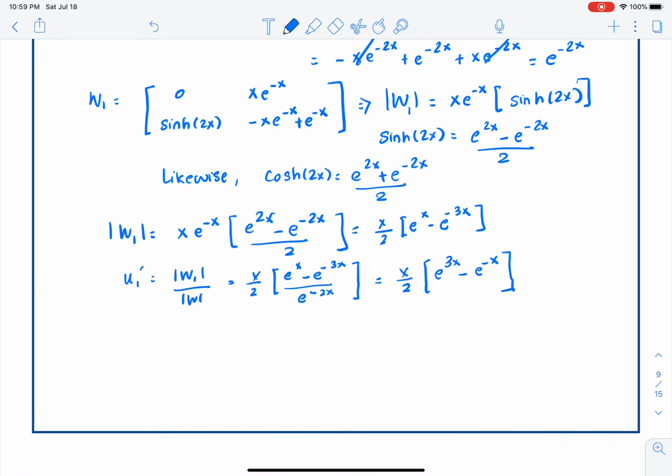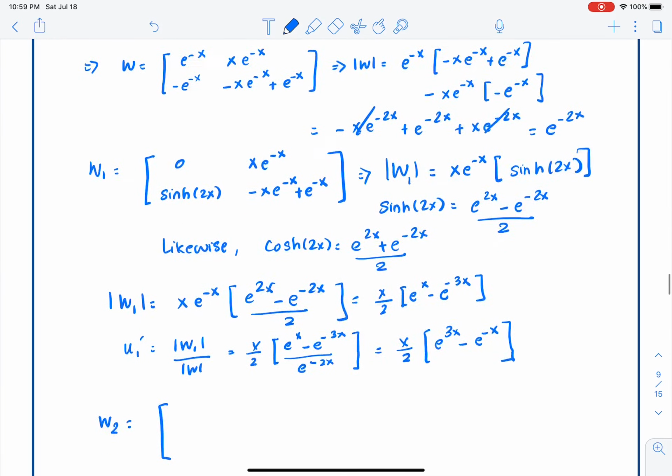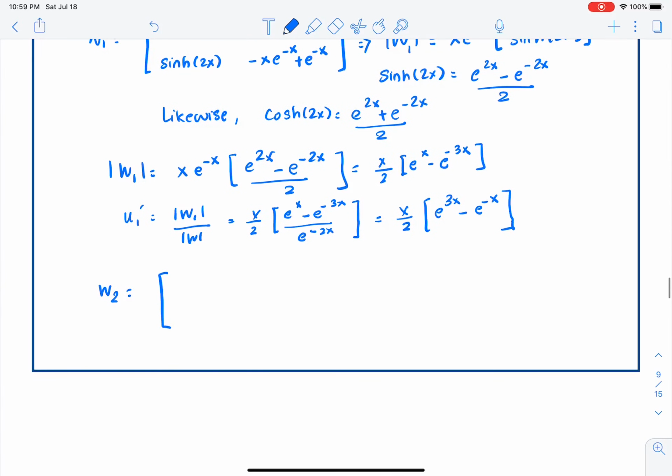So that is u1 prime, and u2 prime is the determinant of W2 divided by the determinant of W. So we've got to find W2. The determinant of W2 is e^(-x) sinh 2x.